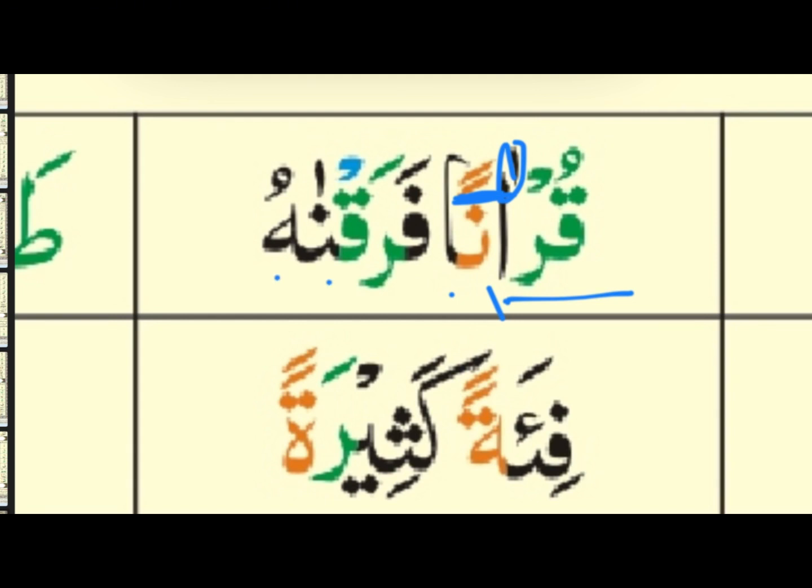فرقناه, فرقناه. Sorry, I mispronounced that. Let me just read that again. So here would be قرآنا فرقناه. Now remember, this is a tricky one, which is why I got a bit confused at the start. So let's start from the start.